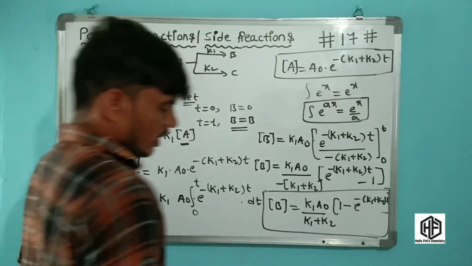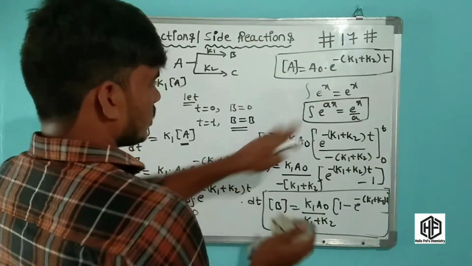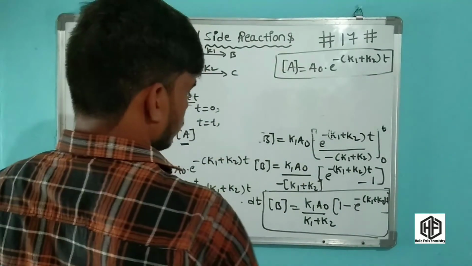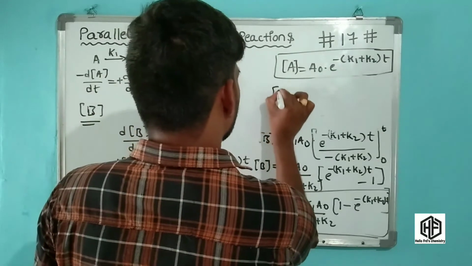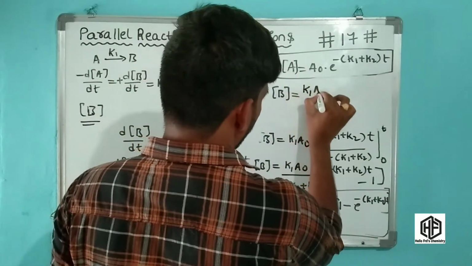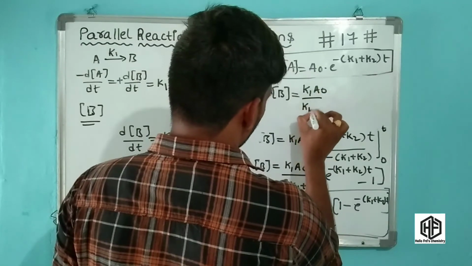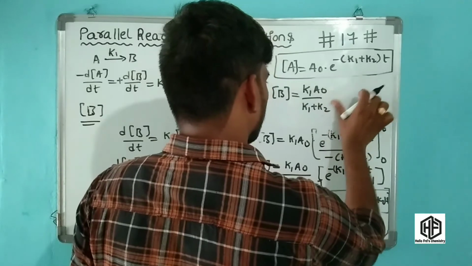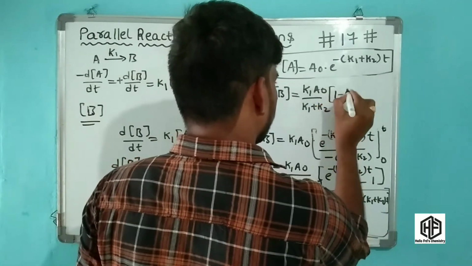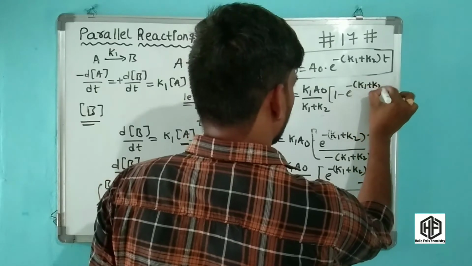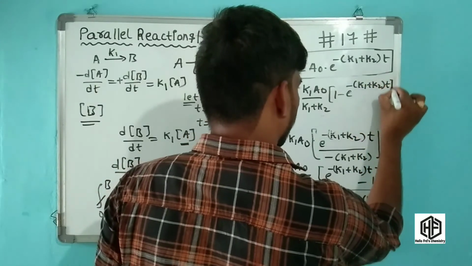Finally the expression for the concentration of B with time is k1 into A naught by (k1 plus k2) into 1 minus e power of minus (k1 plus k2) into t.